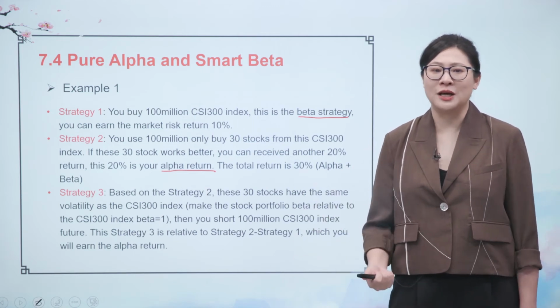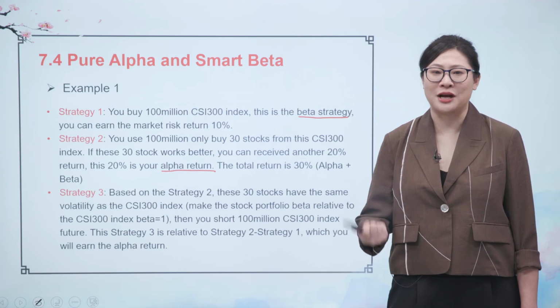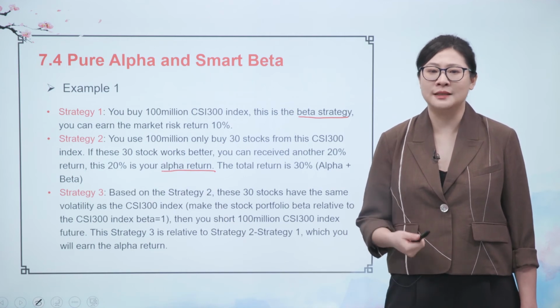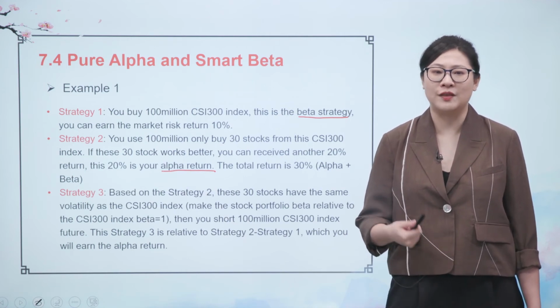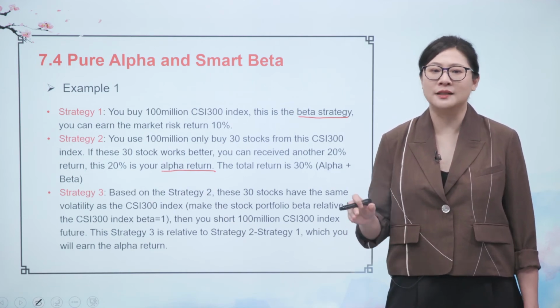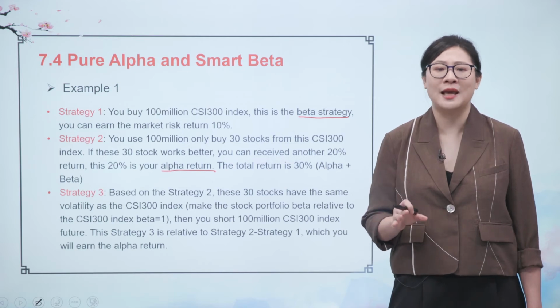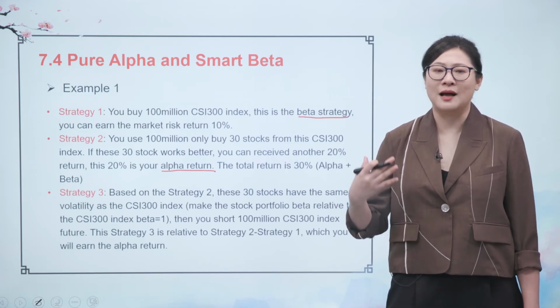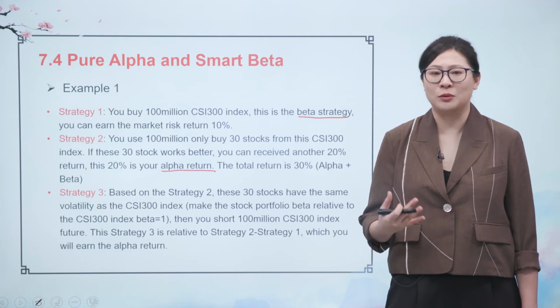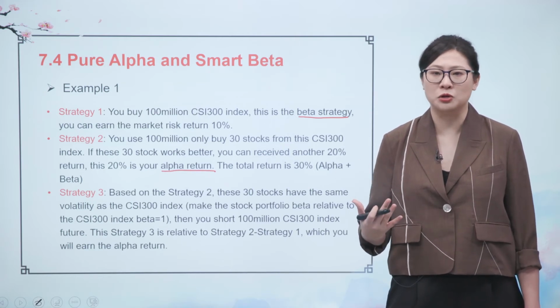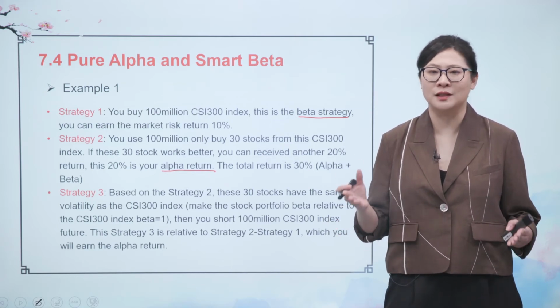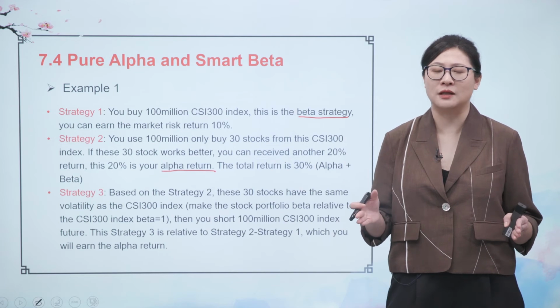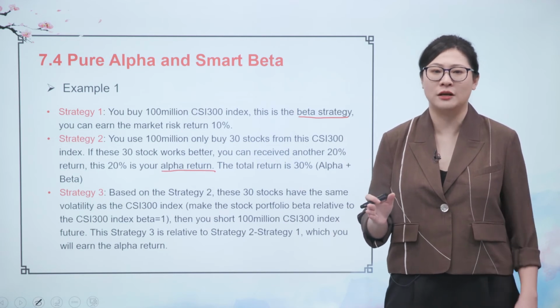The third strategy is based on strategy 2. Using these 30 stocks, you make the portfolio have the same volatility as the CSI 300 index. So the stock portfolio beta relative to the CSI 300 index beta is equal to 1. So both of them have the same total risk, or the same systematic risk.